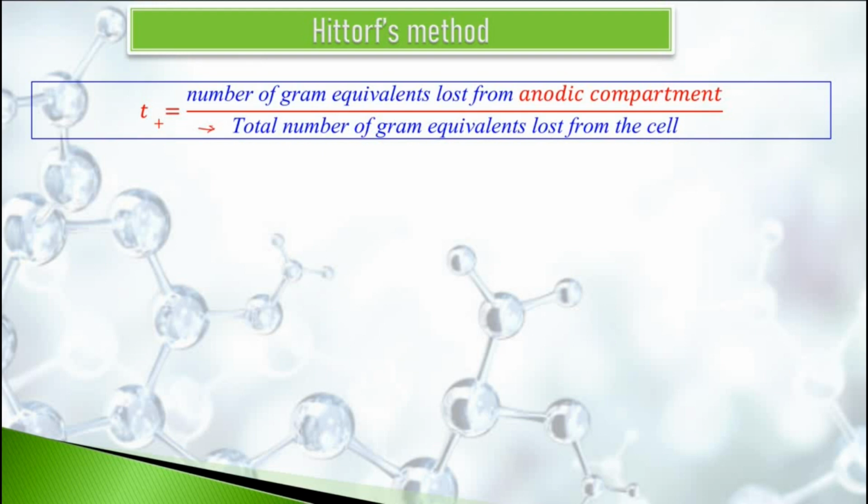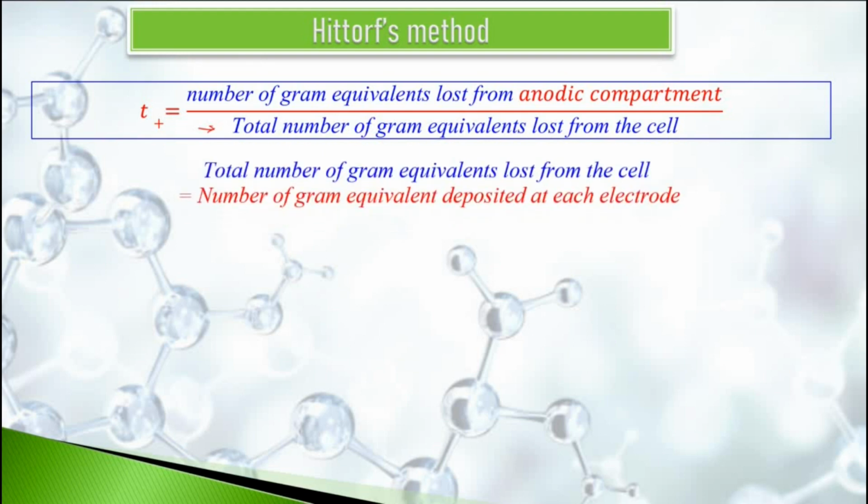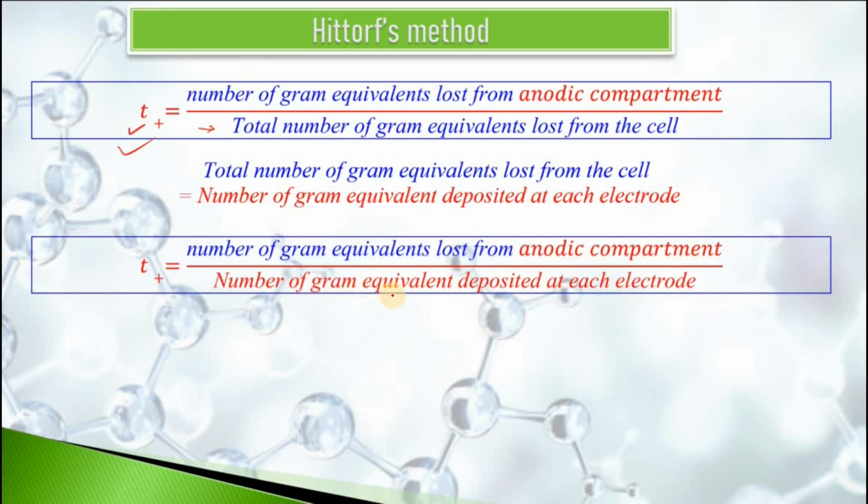This is what Faraday's laws of electrolysis say. So the total number of gram equivalents lost from the cell will be equal to the number of gram equivalents deposited at the cathode or at the anode. So the denominator of this expression can be rewritten in terms of the number of gram equivalents deposited at each electrode. This is the final equation of the transport number of a cation.